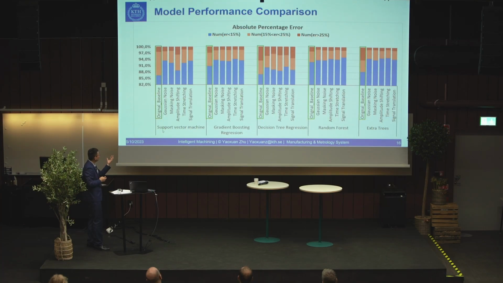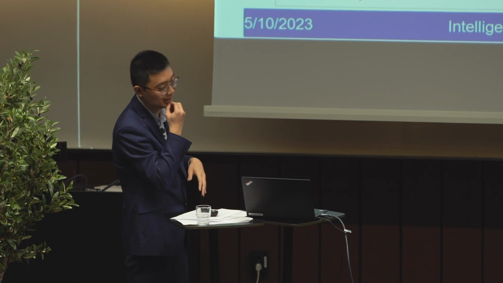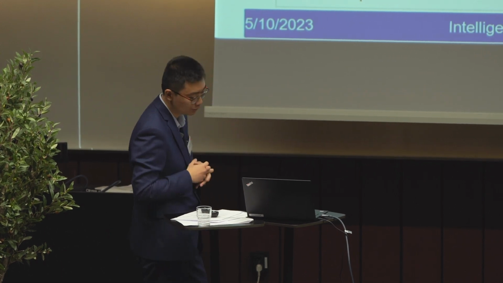The deep blue bar represents the predicted results with absolute percentage error less than 50%. From the baseline, compared with the other augmentation methods, this blue bar height keeps increasing, which means the number of predicted results with absolute percentage error less than 50% keeps increasing, which means the total accuracy of the predicted results keeps increasing.